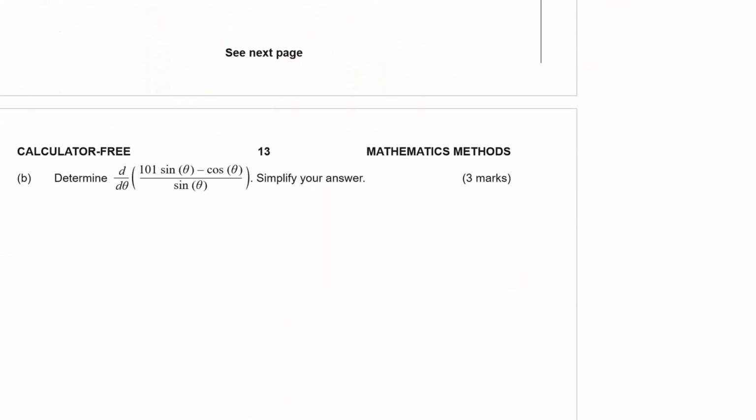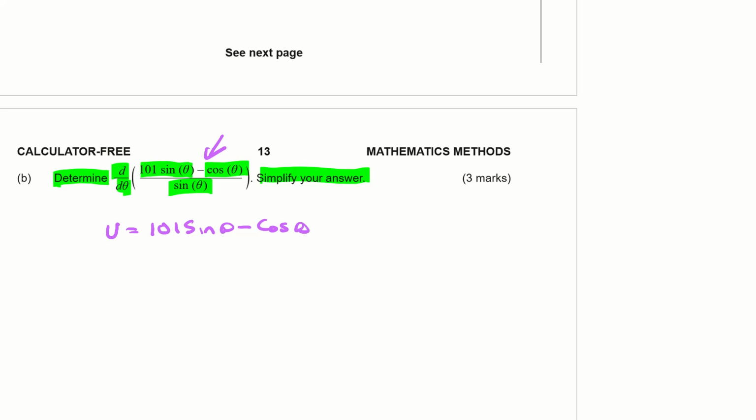Okay, determine d by d theta of (101 sine theta minus cos theta) over sine theta and simplify your answer. Well, this is a quotient. U is 101 sine theta minus cos theta, and V is sine theta.